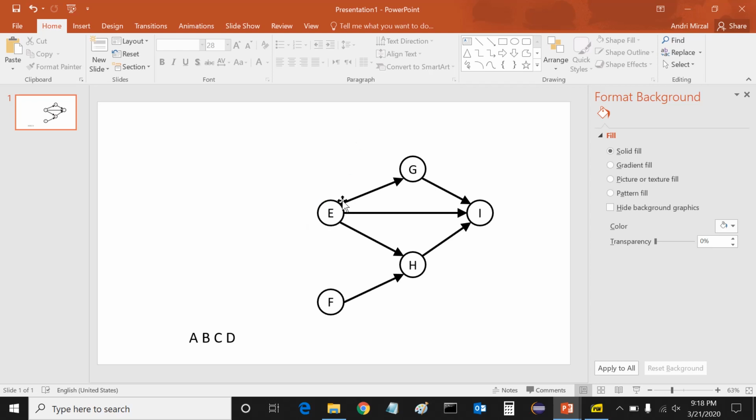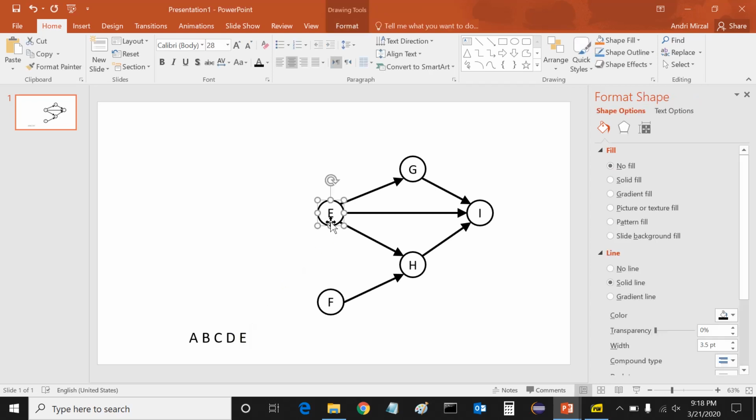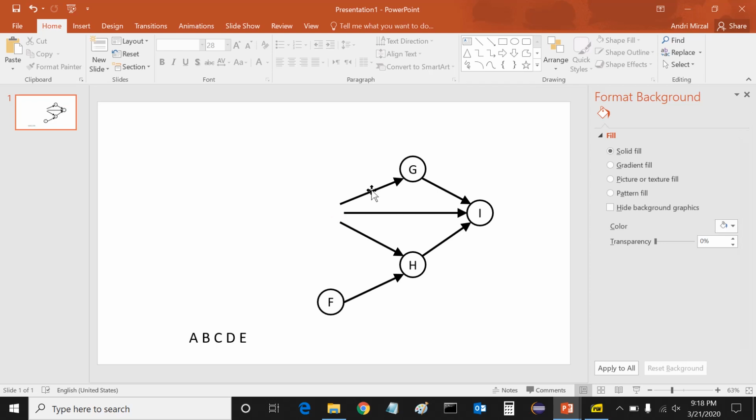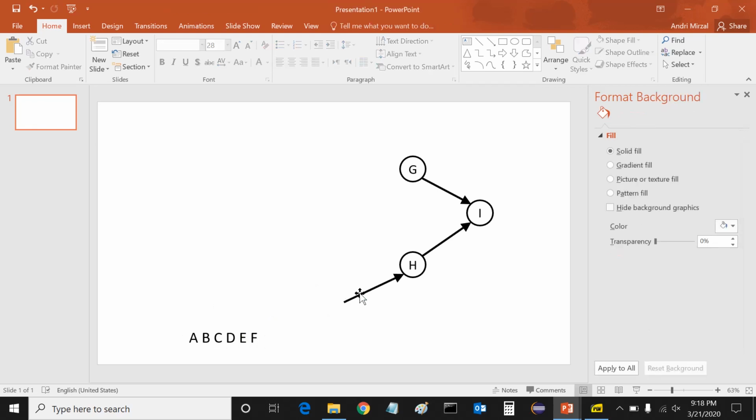Now, for example, again, for the next vertex, I choose E. I write E over here. Then I remove E, and also the emanating edges from E. Now as the next vertex, I will choose F. Then I remove F.